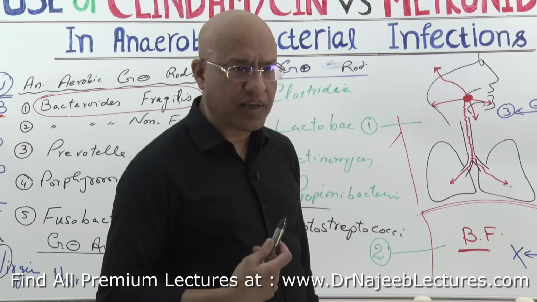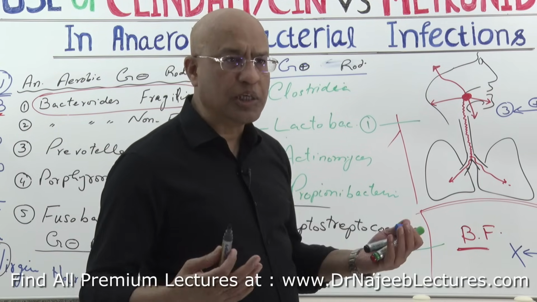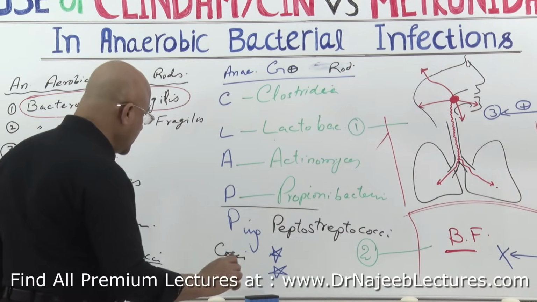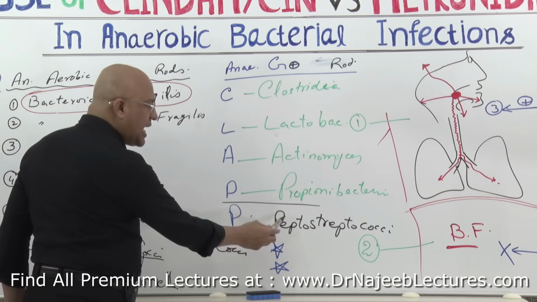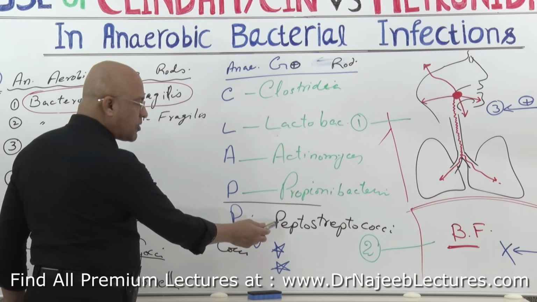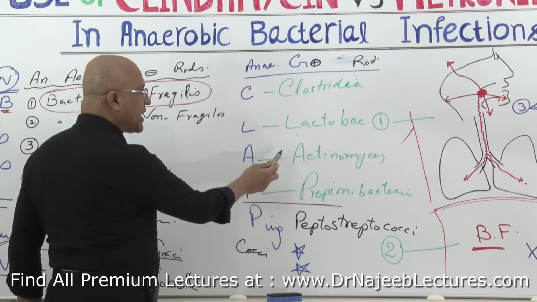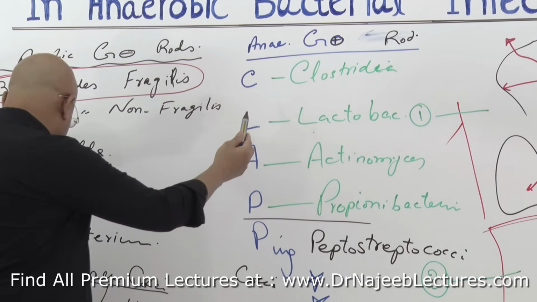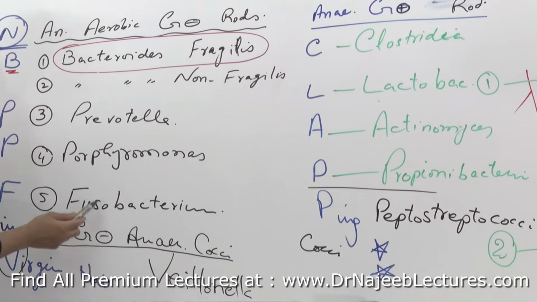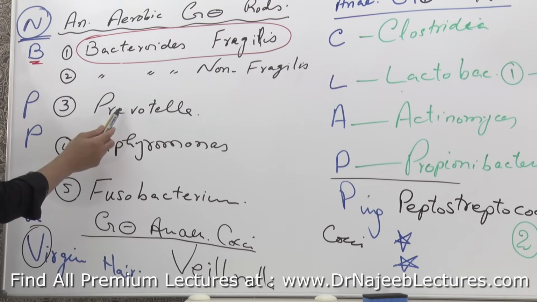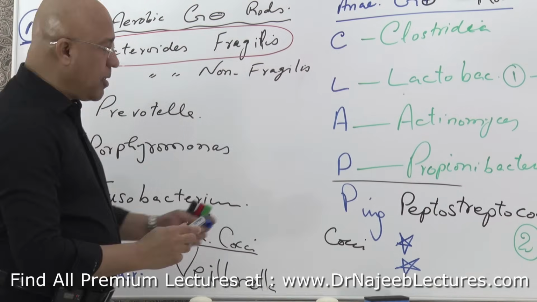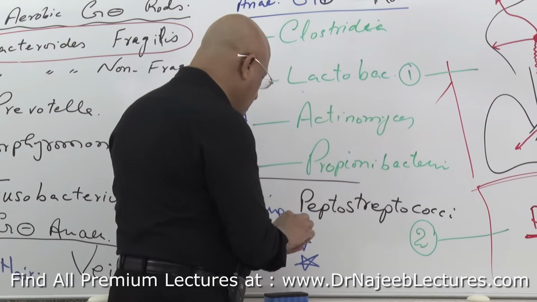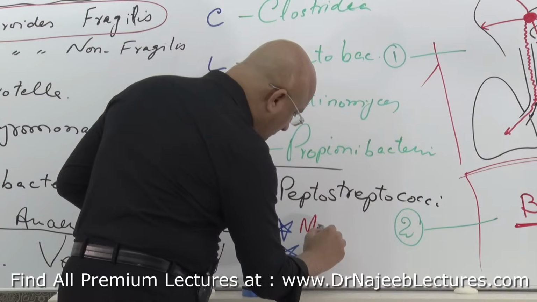When there is oropharyngeal aspiration, we say there is aspiration pneumonia, or empyema, or pulmonary abscesses, depending upon the pathology. They have Peptostreptococci, Propionibacterium, Actinomyces, sometimes Lactobacilli, usually not Clostridia, but they do have Veillonella, Fusobacterium, Porphyromonas, Prevotella, Bacteroides non-fragilis. But they have two other organisms which are not strictly anaerobic. Number one is microaerophilic streptococci.